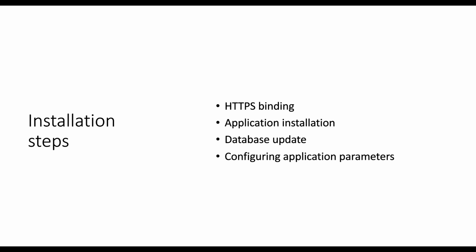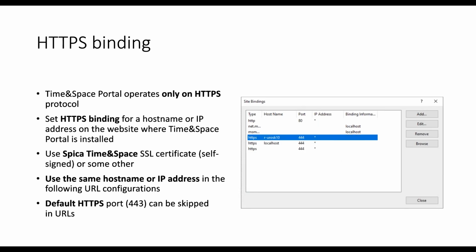So the first thing that we need to set up or think is the HTTPS binding. As I mentioned before, Time&Space Portal operates only on HTTPS protocol. This means that the site where you will install Time&Space Portal needs to have HTTPS binding setup.